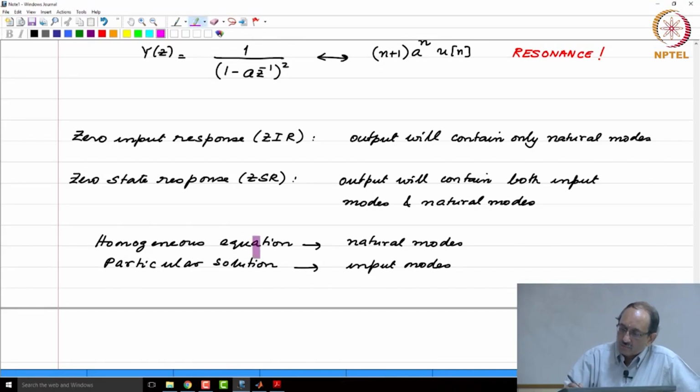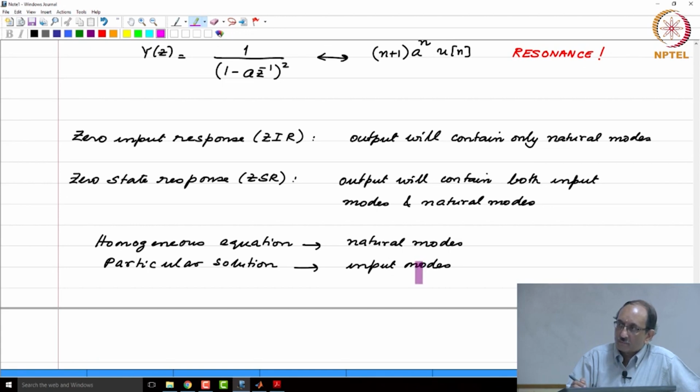Now, this is the mathematician's way of solving this. This is the electrical engineering way of solving the problem. And if you look at this, in the 0 state response, you will find input modes as well as natural modes. The part that contains the input mode will exactly be the particular solution, and the natural modes which occur both in the 0 state response as well as the 0 input response, if you add them up together they will give rise to the natural modes present in the homogeneous solution.